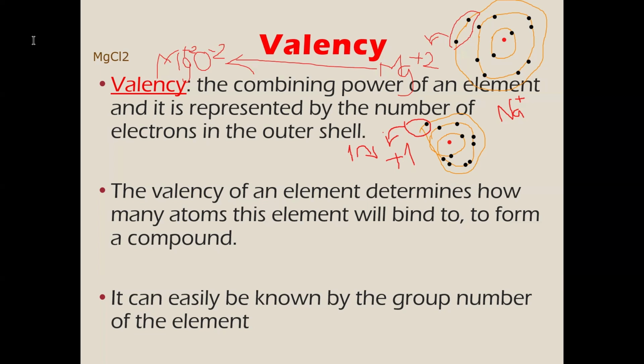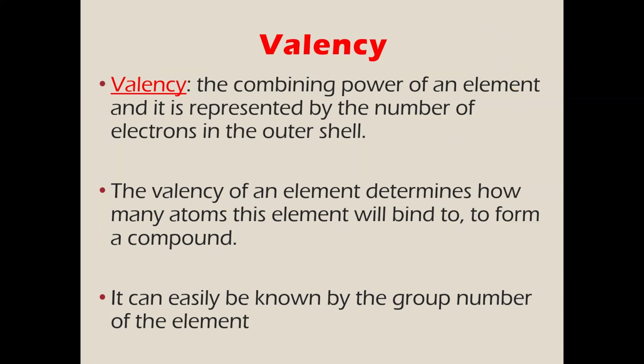So oxygen can turn into a negative ion, while magnesium can turn into a positive ion. This is simply what valency is. It is very important to know in order to draw the structure and chemical formula of a compound, and also to expect how this atom will react in chemical reactions. If you know that, you can simply complete a chemical equation. We will see that when we come to chemical equations.